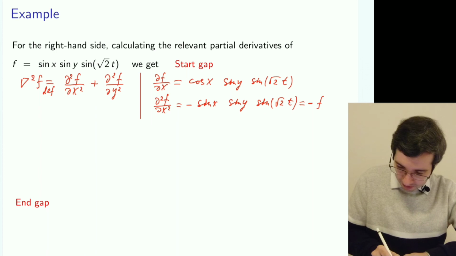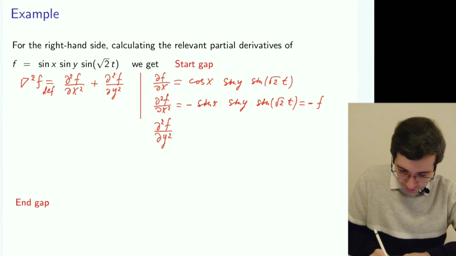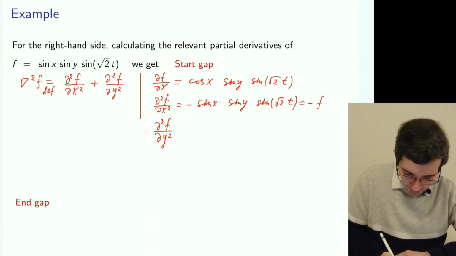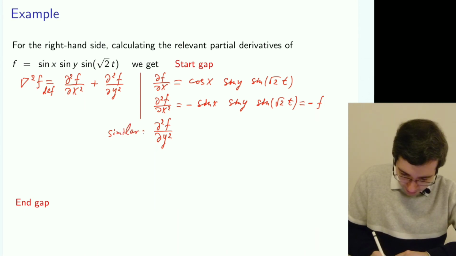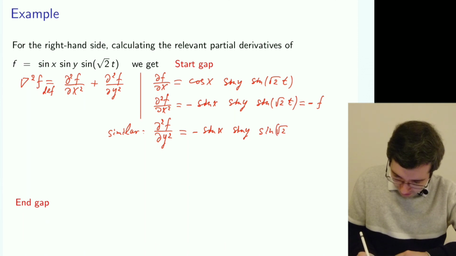And we can do the same for the second order spatial derivative with respect to y. It's similar. And we can show that this is also minus sine x sine y times the same time factor, which is also minus f.